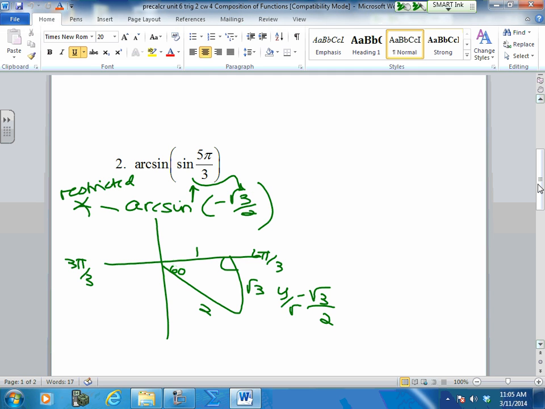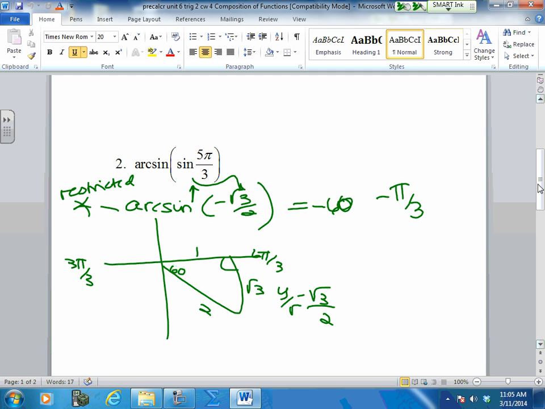It just so happens sine is located in 1 and 4, and the negative is located in 4. So far I'm in the right spot. But what would my restricted angle be? Negative 60. Very good. Negative 60 or negative pi over 3.